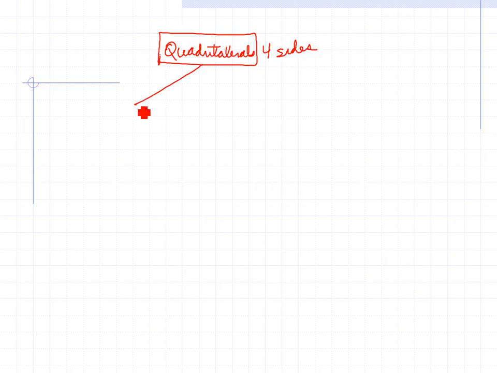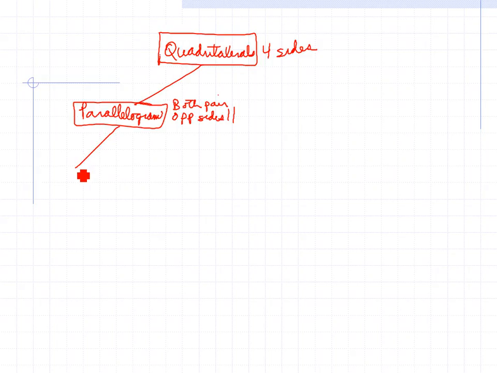Off of quadrilateral, we had what? Parallelograms. Again, we want to hurry and get through this. What key idea about parallelograms? Both pairs of what? Opposite sides, parallel. Both pairs of opposite sides have to be parallel.